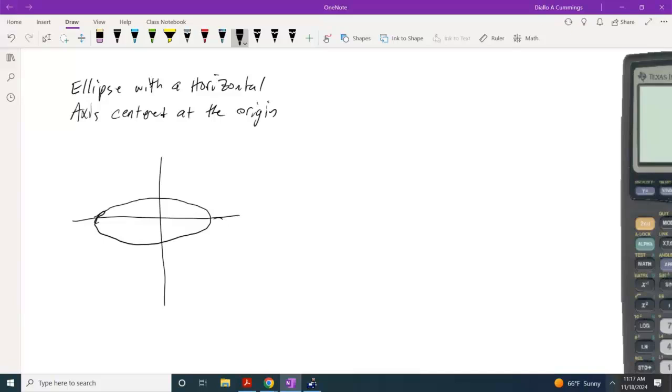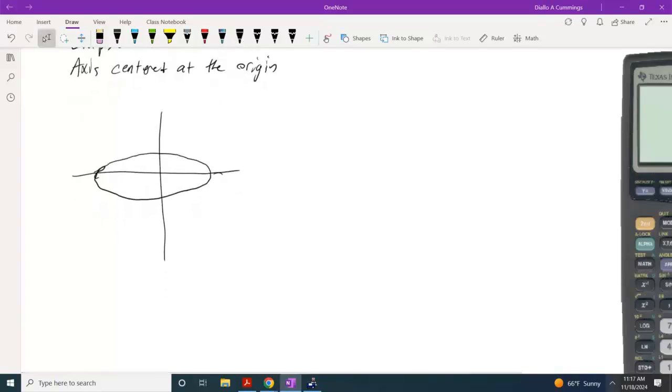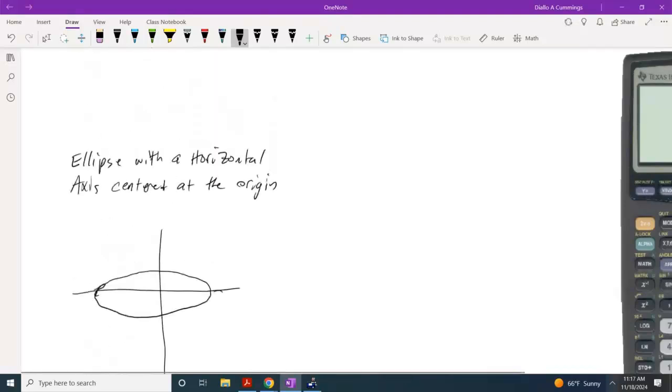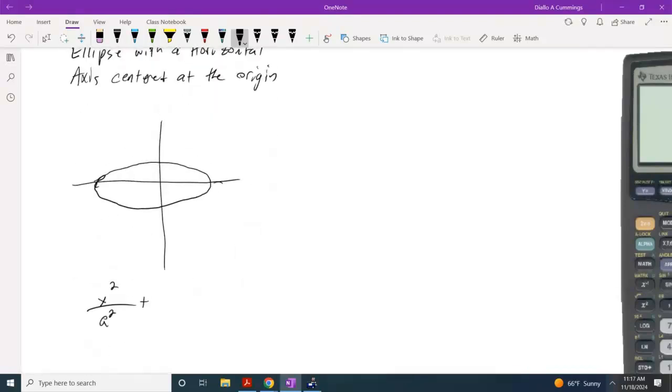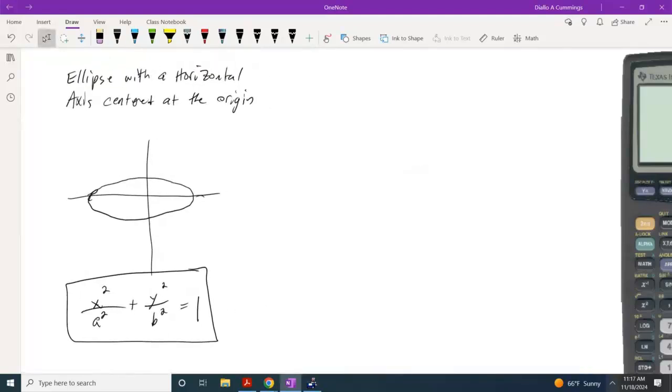If you are dealing with an ellipse with a horizontal axis, here is the model form: x squared over a squared plus y squared over b squared is equal to 1. So that's the model form for an ellipse with the horizontal axis centered at the origin. Now, one thing about ellipses, in the denominator, we have a squared and b squared.